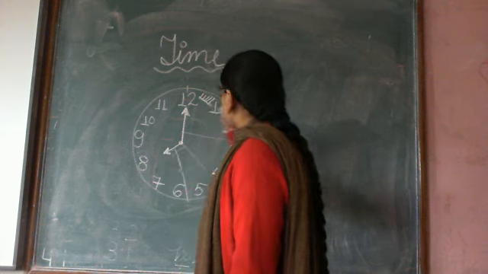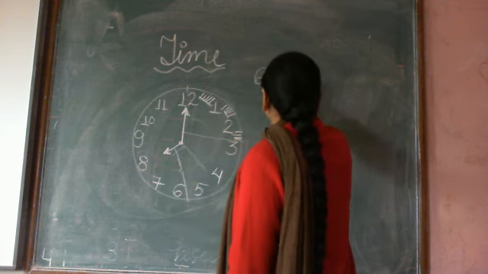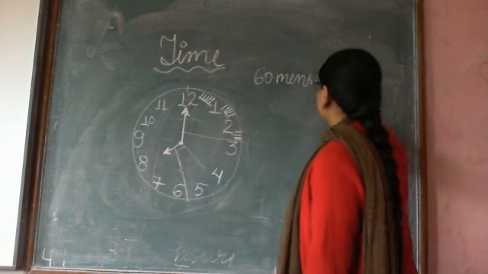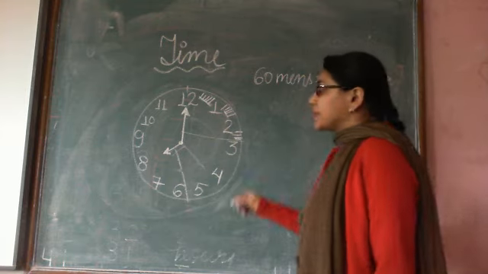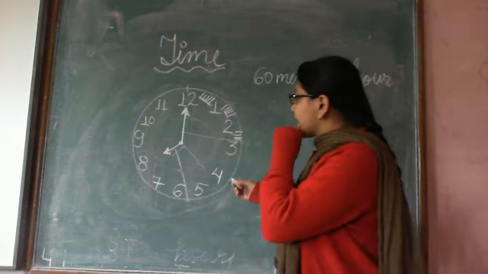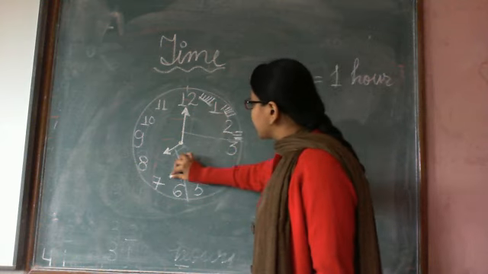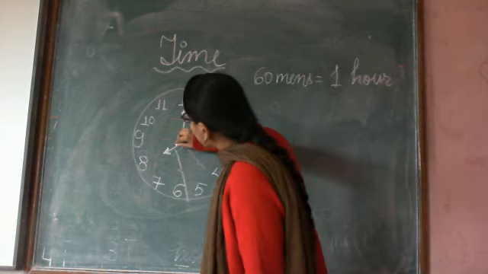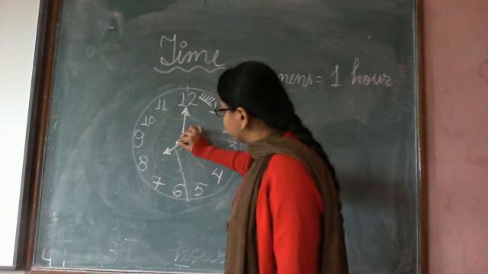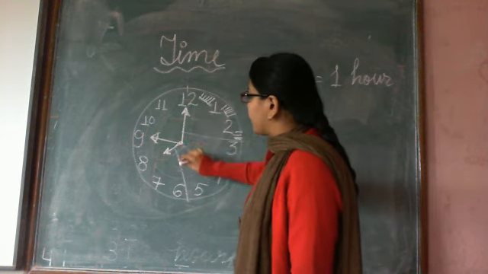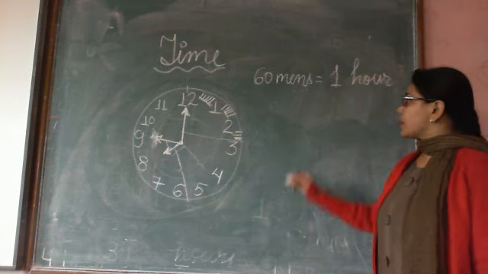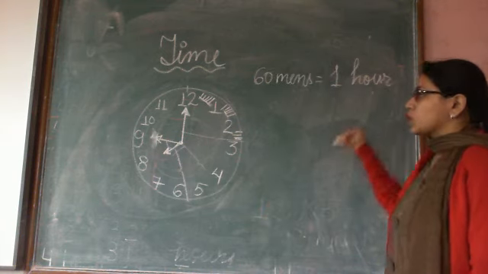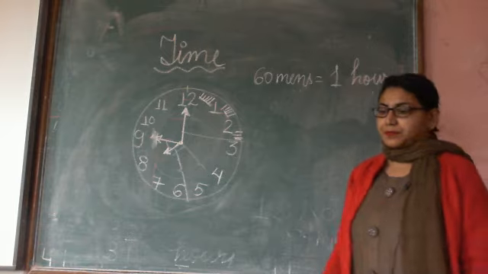And 60 minutes is equal to 1 hour. When 60 minutes are completed, this hour hand will move forward from 8 to 9, because 60 minutes is equal to 1 hour.